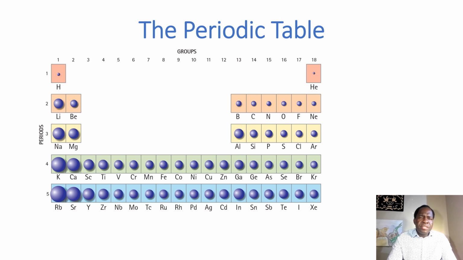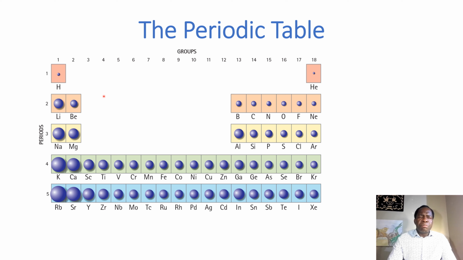The next slide describes how the volume of the atom changes when we move from left to right in the periodic table. You can see that the volume of the element decreases from the first group to the last one.